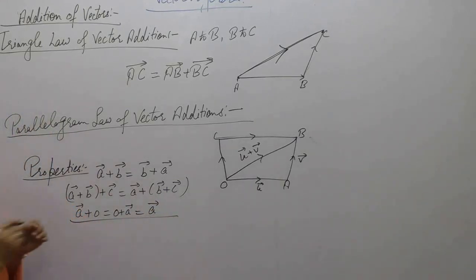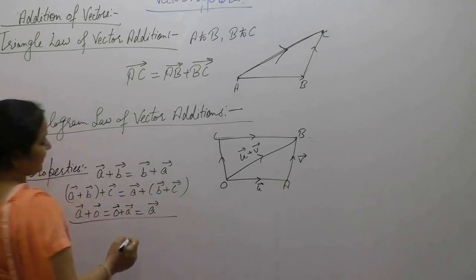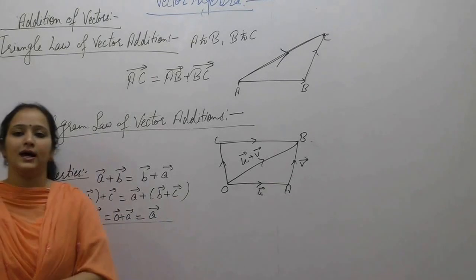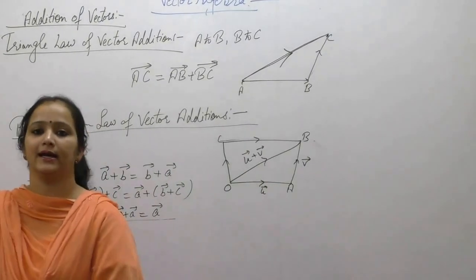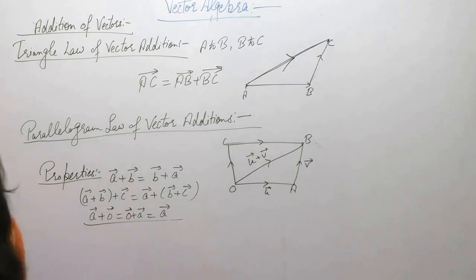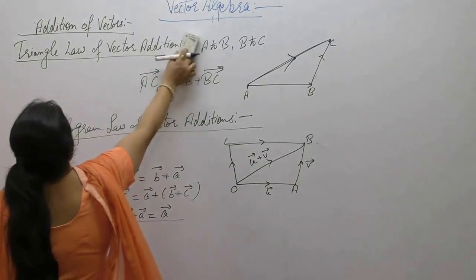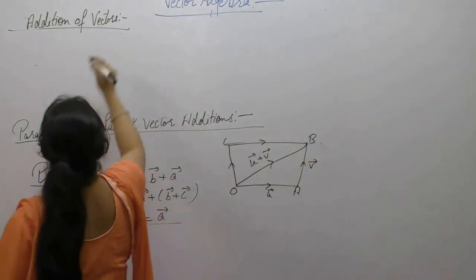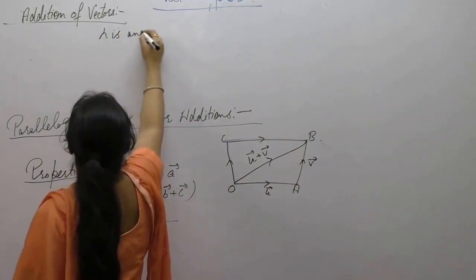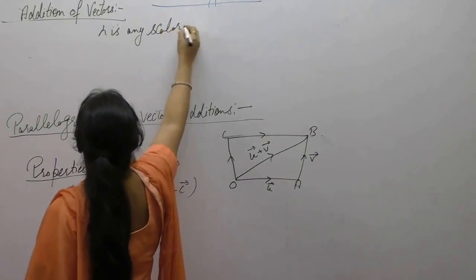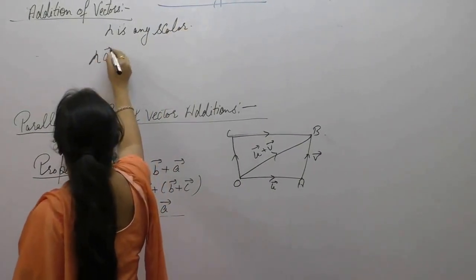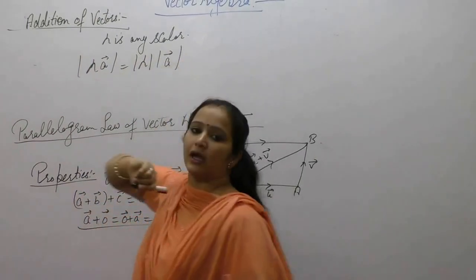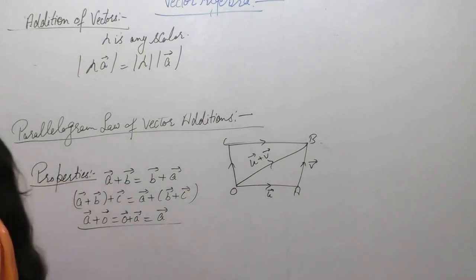A vector plus 0 vector or 0 vector plus a vector, that is equals to a vector. 0 is called additive identity under addition for vectors. Now if lambda is any scalar, then lambda a vector magnitude is equals to magnitude of lambda into magnitude of a vector.